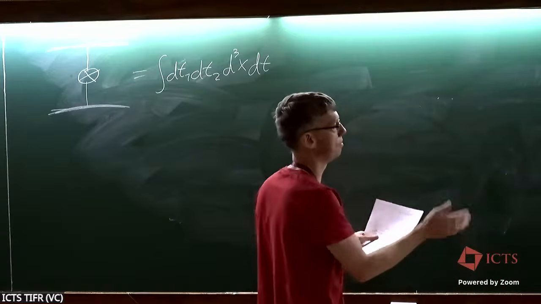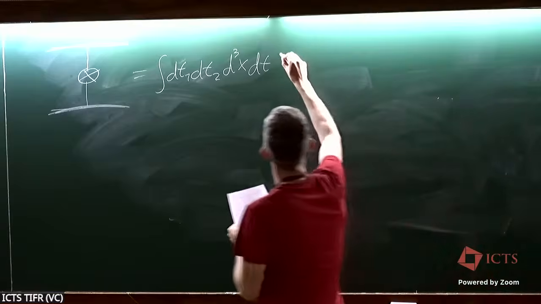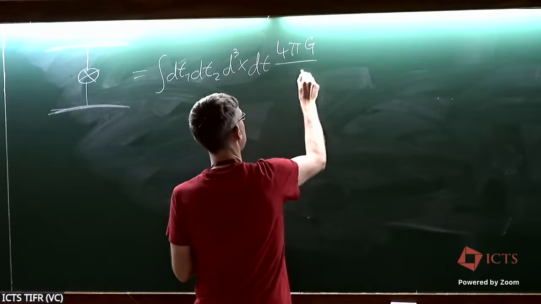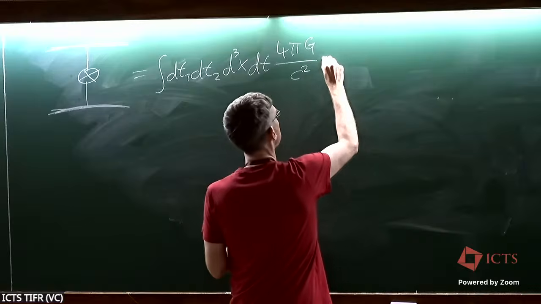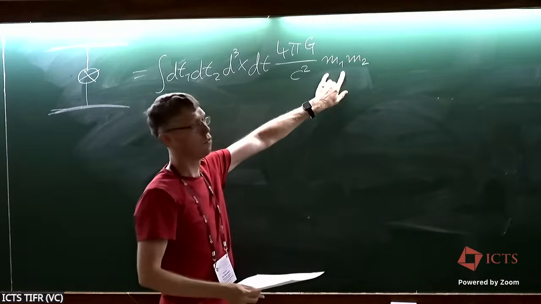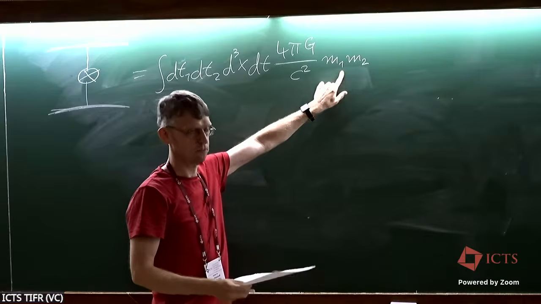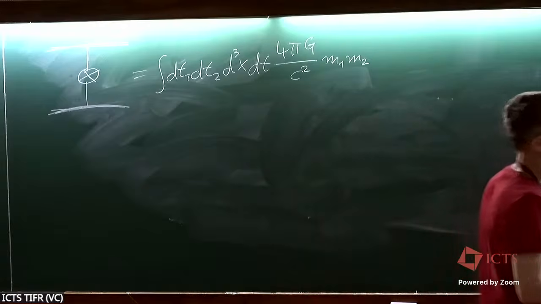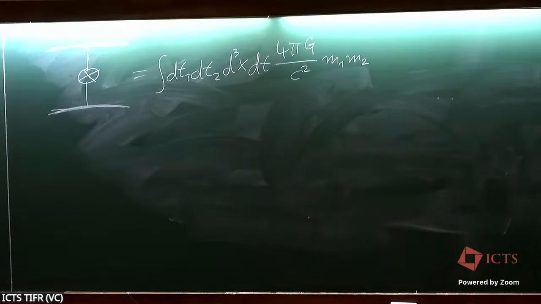Then you need to take care of all the prefactors. So from here you have a 1 over 2 c squared, and from the worldline vertex from the two you have another prefactor. Overall, this is 4 pi G divided by c squared, times m1 times m2 from the worldline Feynman rules. Now, basically, we have to construct the fields properly, right?